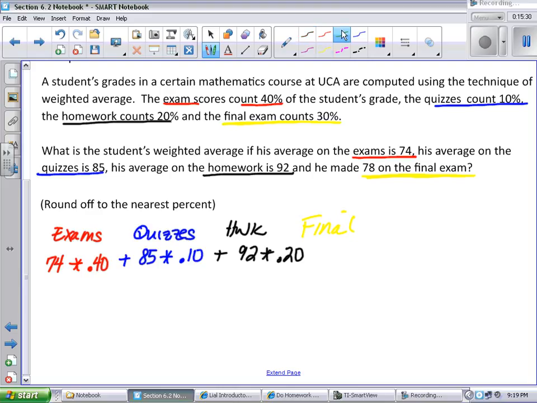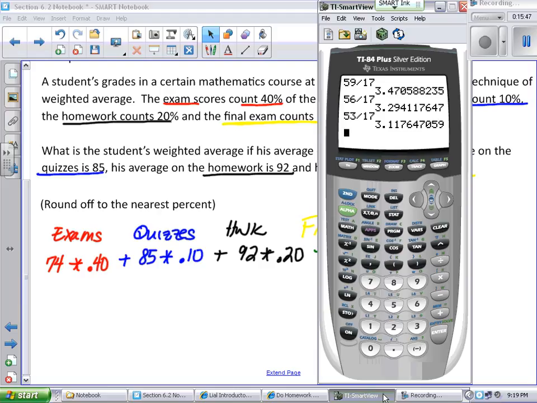Let me change to green here, a little bit easier to see. 78 on the final times 30% of the course grade. And I am absolutely going to do this on the calculator. And my answer here says round to the nearest percent.